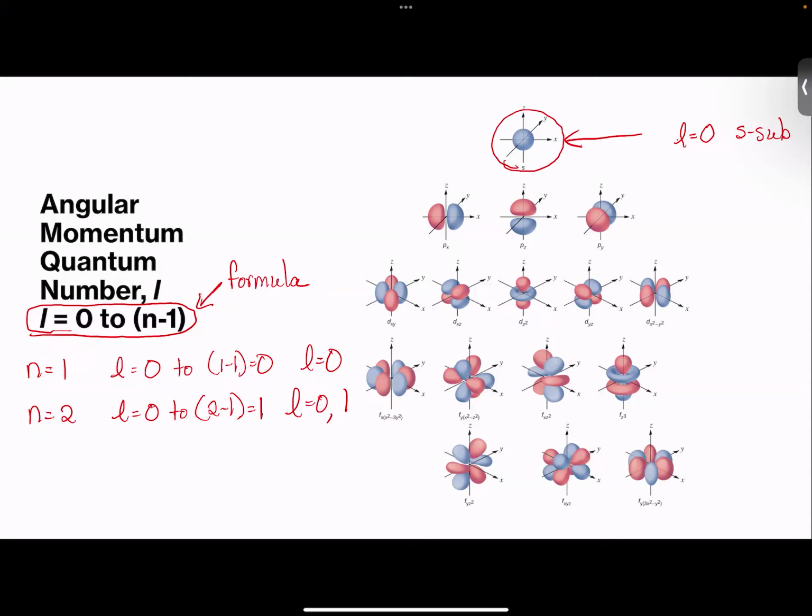When L is equal to 1, we're talking about a P subshell, which means that it is going to be one of these 3 dumbbell-shaped orbitals.